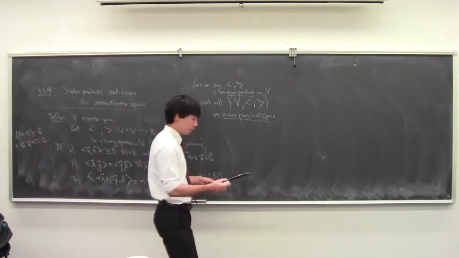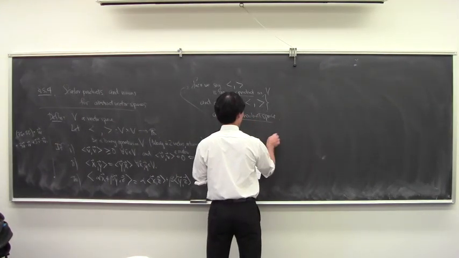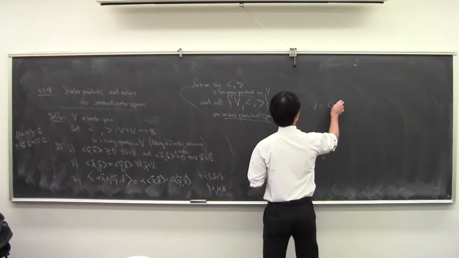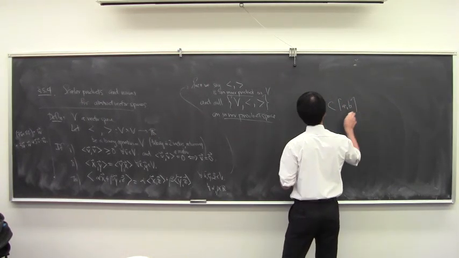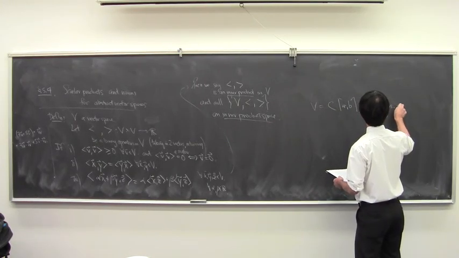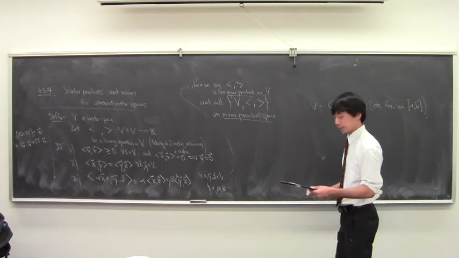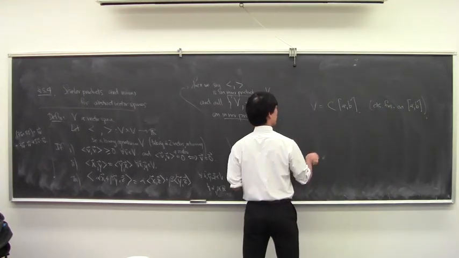Let me just quickly put up one example. I'll put up a whole bunch of examples next time, but here's the one example I want to show you. V is the continuous functions on the interval [a, b].